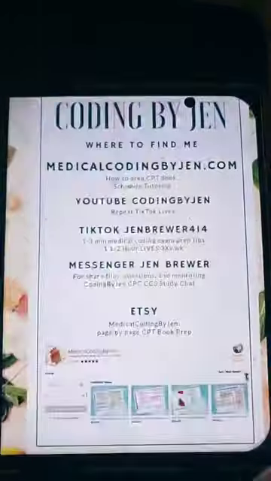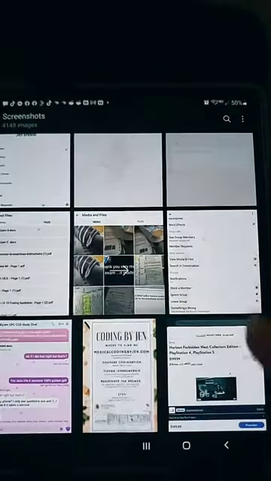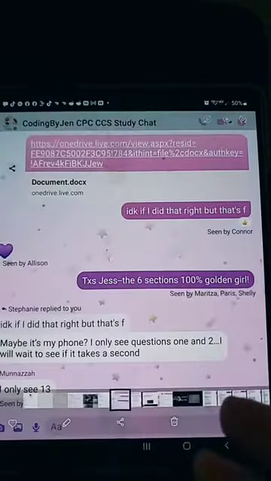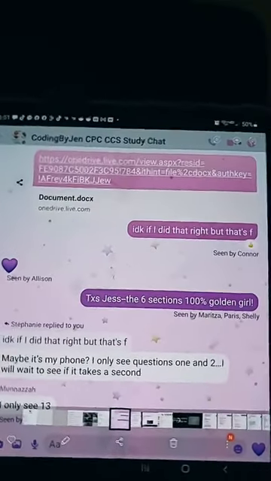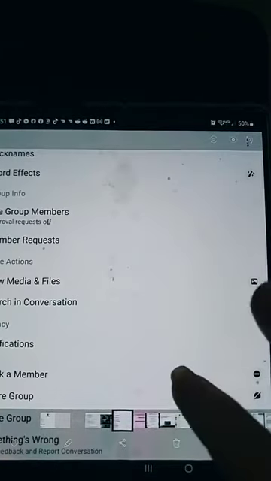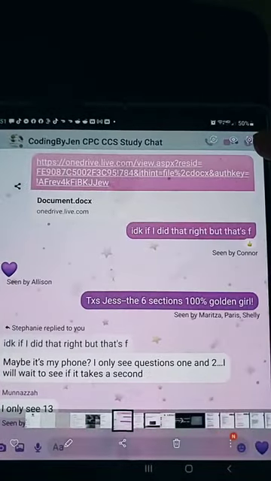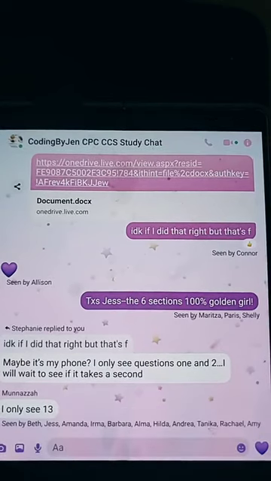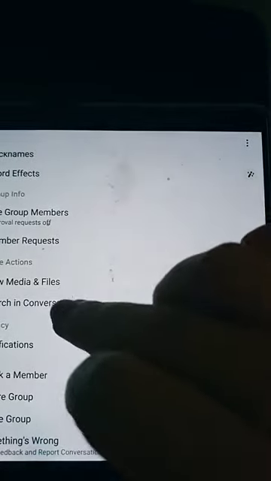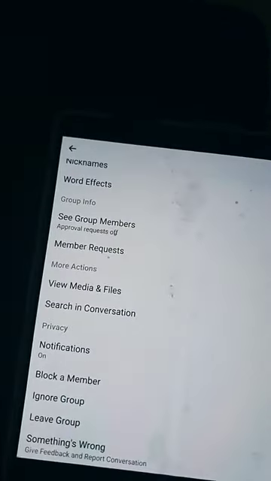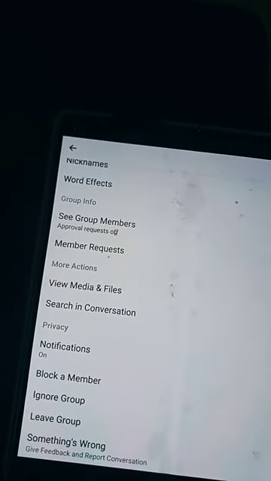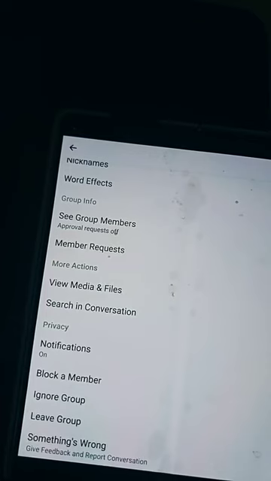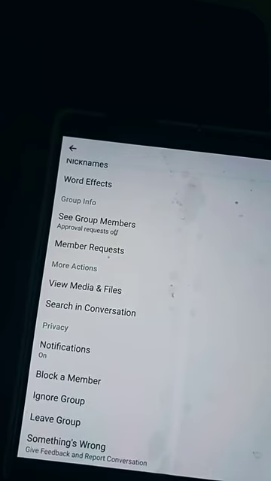And let me see, what else did I have screenshotted here for y'all? This is an example of what's going on in our chat room where people are sharing the practice exams and stuff. Once you're in there, you can click that little eye icon at the very top up here. Once you get there, you can scroll down and hit view files or search conversations. So if you want to ask a question, you can search the conversation first to see if it's already been answered. If not, then you can ask it.